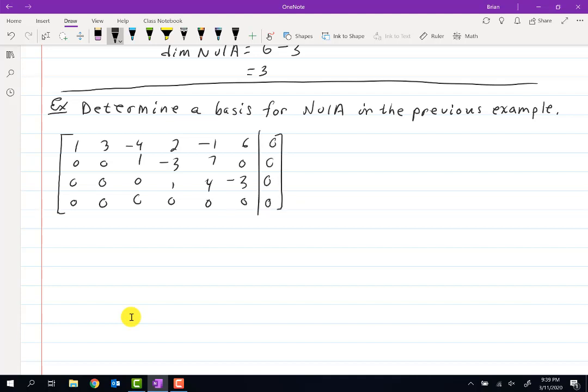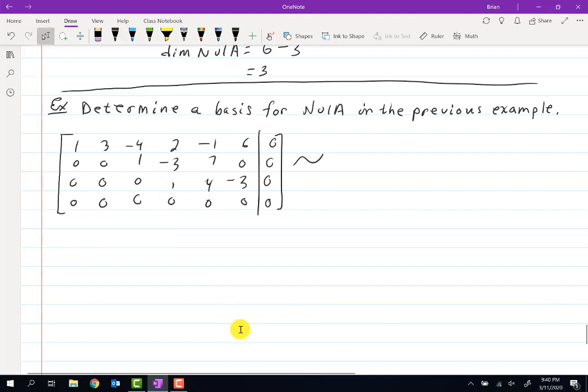So it's like we're trying to see which vectors get mapped to the 0 vector. So let's see what I can do here. I want to try to solve this for them. The easiest thing to do is, this is sort of in echelon form, but I can get it row reduced if I use these pivots to wipe out the entries above them. So I'll be working column 3 and column 4.